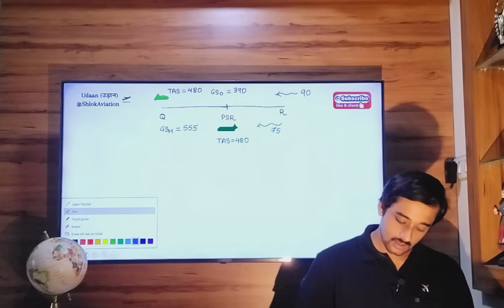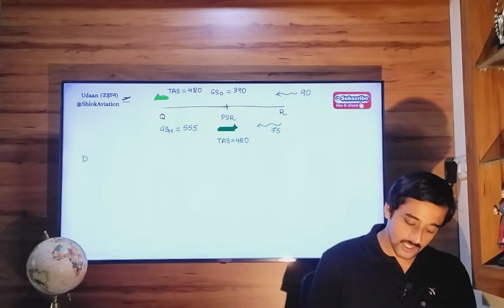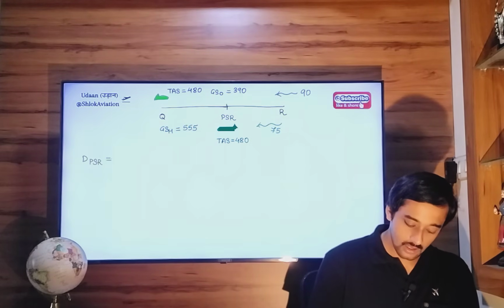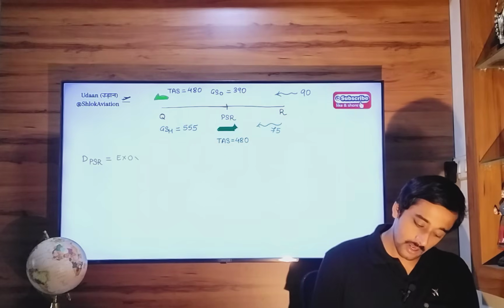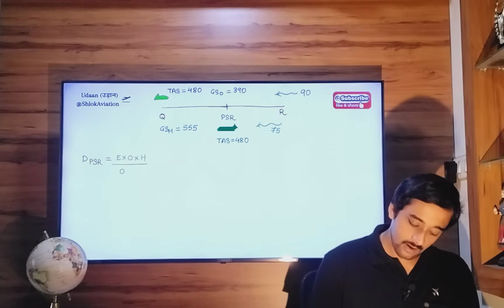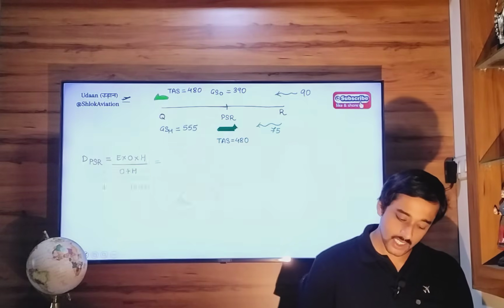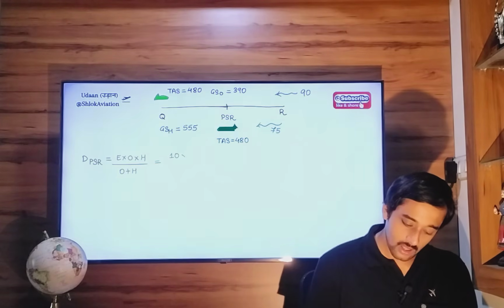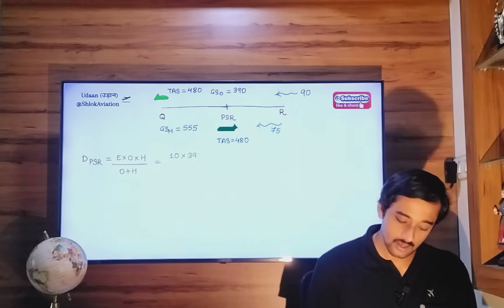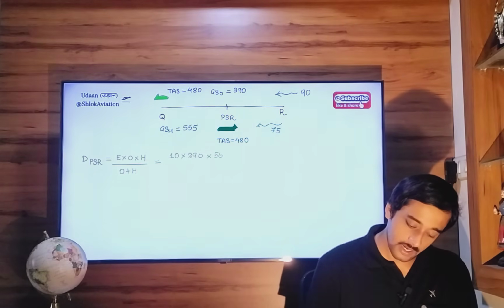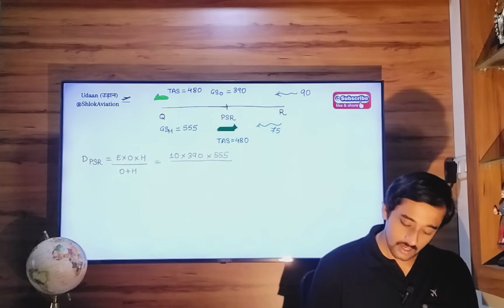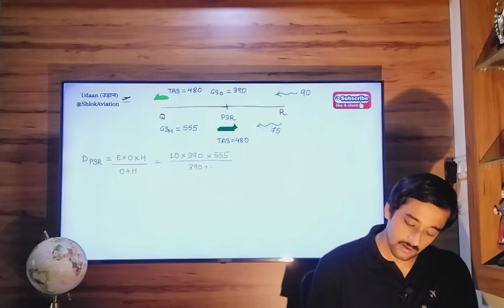Now, distance to the point of safe return equals endurance into outbound into homebound divided by outbound plus homebound. Endurance is 10 hours, outbound speed 390, homebound speed 555, divided by 390 plus 555.